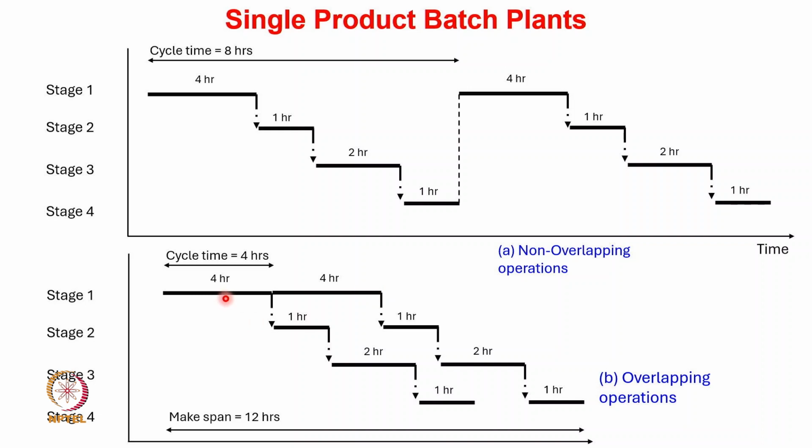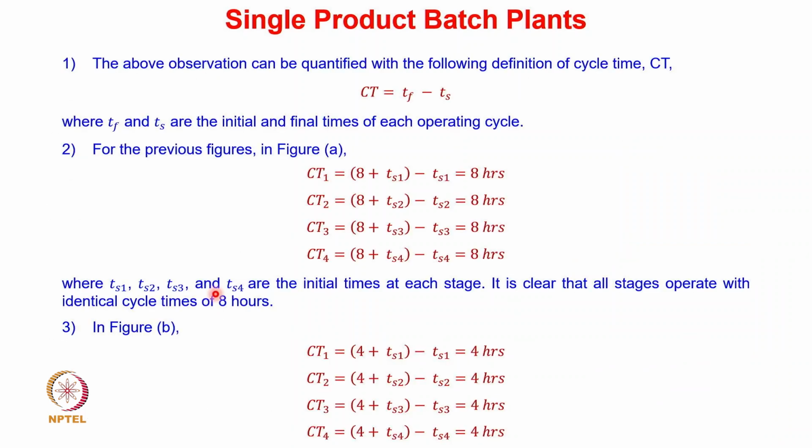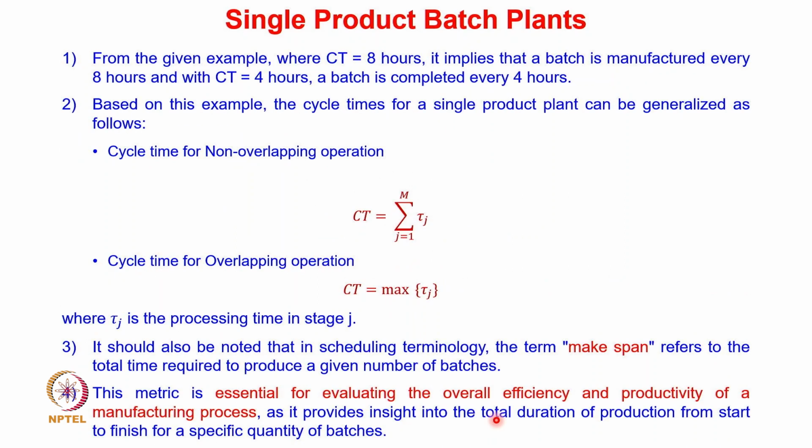So ts plus 4 is the final time, isn't it, minus ts, that gives us the cycle time of 4 hours. So you can see that ct1, ct2, ct3, ct4 all are coming out to be 4 hours here. So clearly the cycle time for the second case is just 4 hours, whereas the cycle time for the first case, where it is non overlapping operation, is 8 hours.